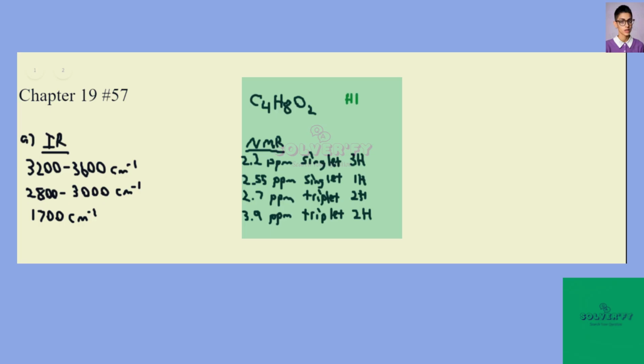So in this case, HDI is equal to 2 times the number of carbons, which is 4, plus 2, minus the number of hydrogens, which is 8, all of that over 2. So we have 2 over 2, or 1. And so we have 1 degree of unsaturation in this molecule.